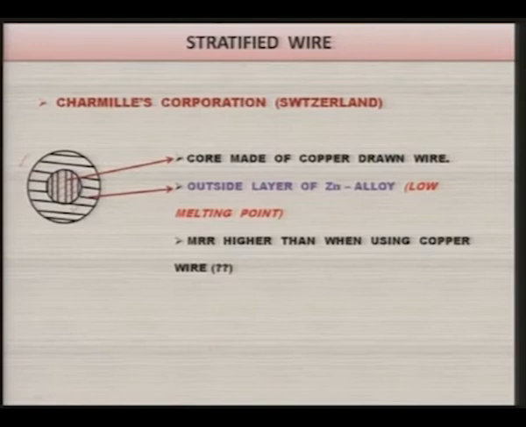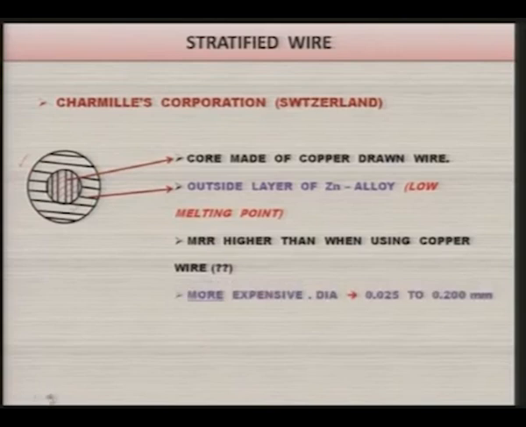I will explain how you get higher MRR in case of stratified wire as compared to the naked or bare copper drawn wire in the wire EDM process. However, stratified wire is comparatively more expensive and its diameter normally ranges between 25 to 200 micron.